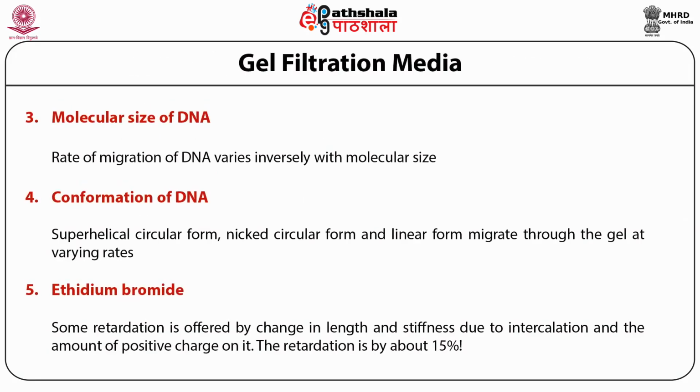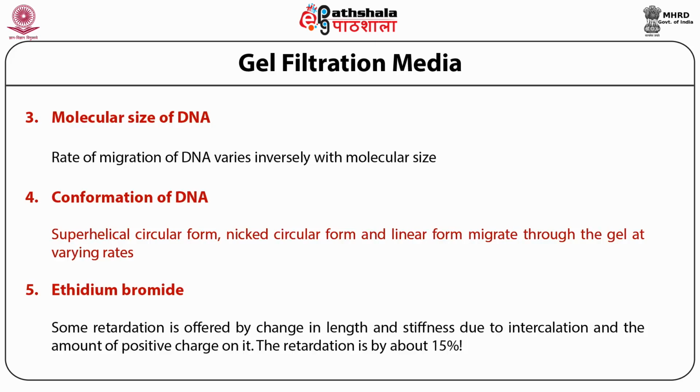Molecular size of the DNA is another important factor that affects the rate of DNA migration. As we have been explaining, the rate of migration of DNA varies inversely with the molecular size. Double-stranded DNA moves through the gel matrix at a rate inversely proportional to the log of the number of base pairs.